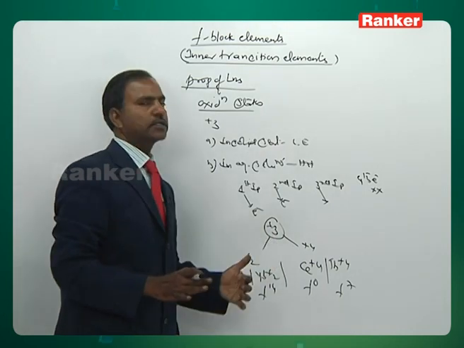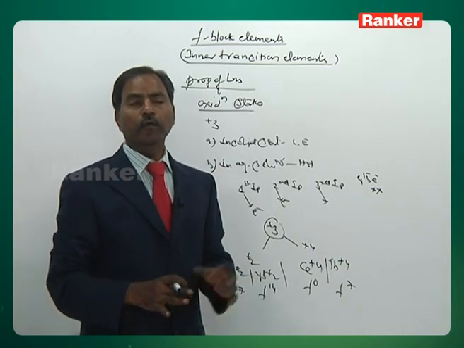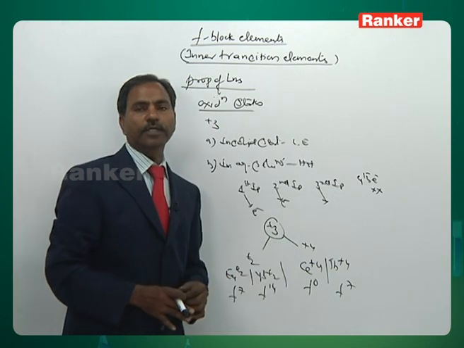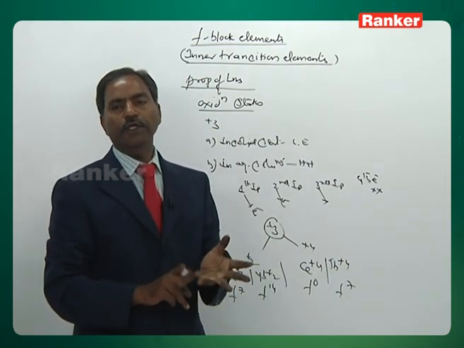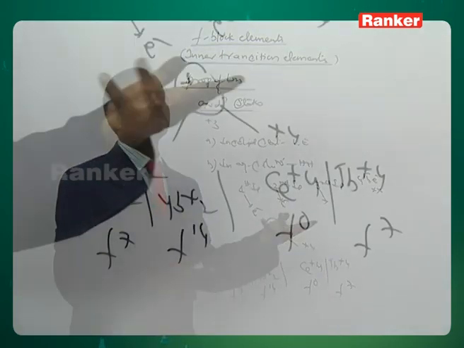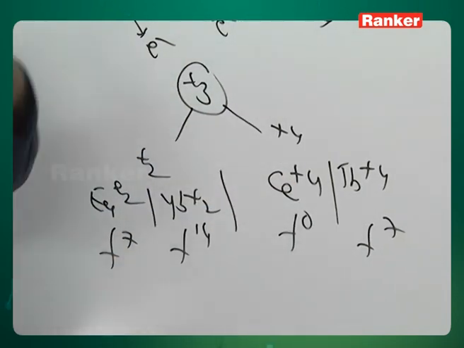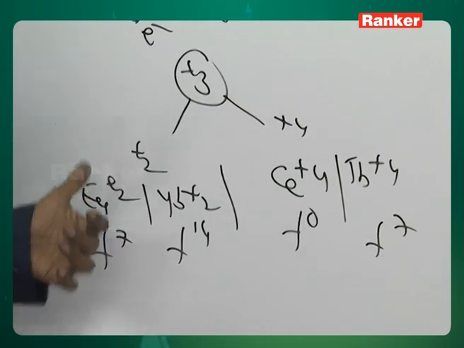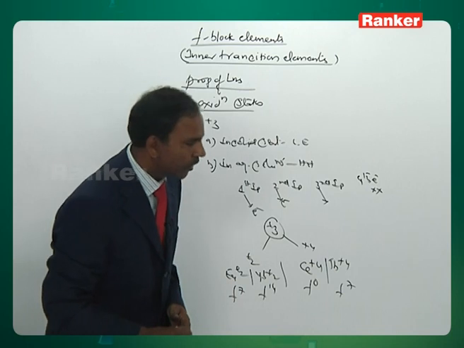But a few elements, in addition to +3, exhibit +2 and +4. Why? Because in their +2 and +4 oxidation states they gain the stable F0, F7 or F14 electronic configurations.